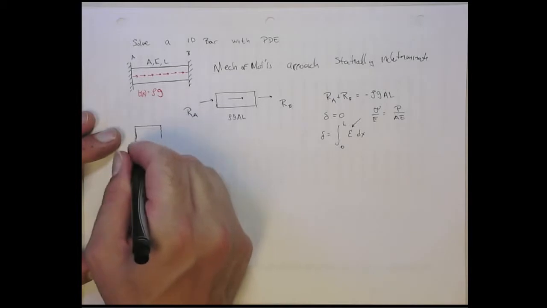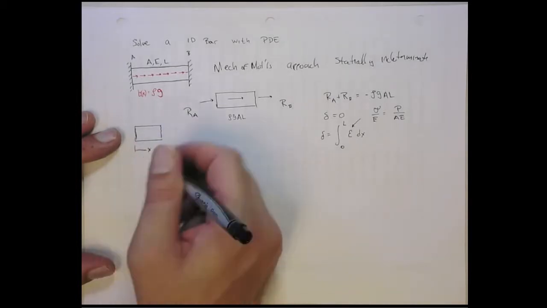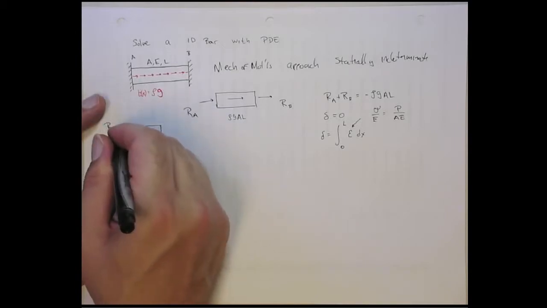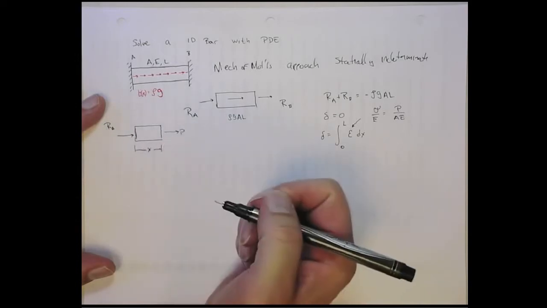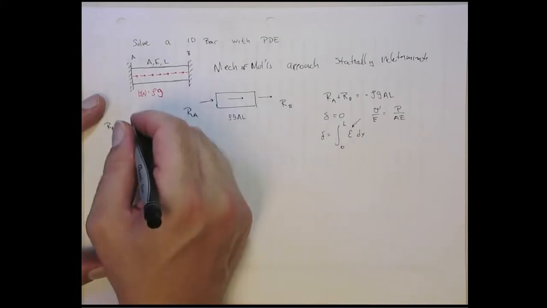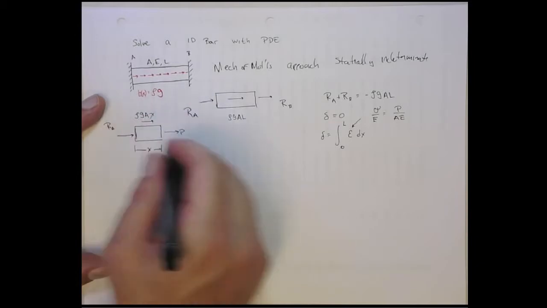We can do something like this. At a general point X, we've got the reaction at A, and then we've got the internal force P, and then we've got the total net force of the body force, which is going to be rho g A times this length, x.